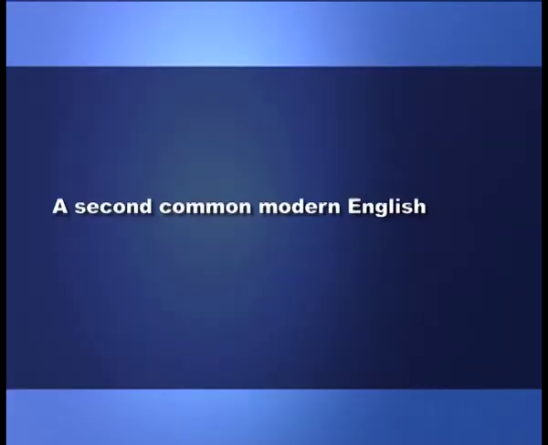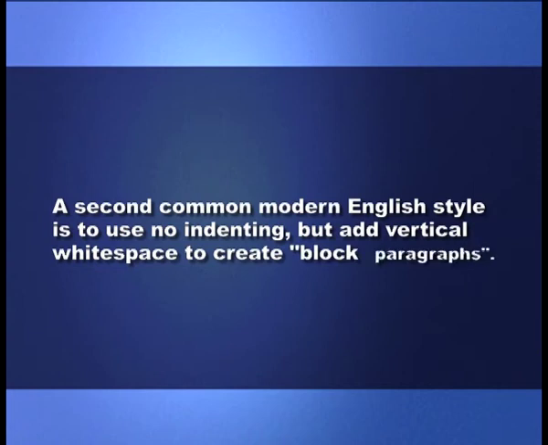A second common modern English style is to use no indenting, but add vertical white space to create block paragraphs. On a typewriter, a double carriage return produces a blank line for this purpose. Professional typesetters may put in an arbitrary vertical space by adjusting leading. This style is very common in electronic formats such as on the World Wide Web and email.